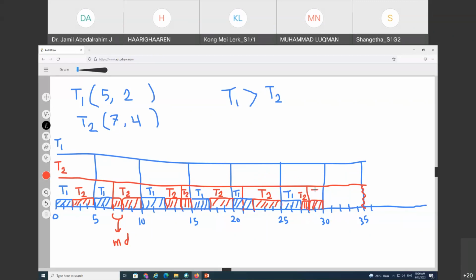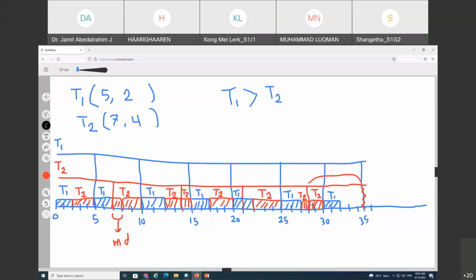So task 2, then task 1, 2 units. Then task 1, 2 units. And then task 2, 2 units, the rest of task 2, because this is a new period.